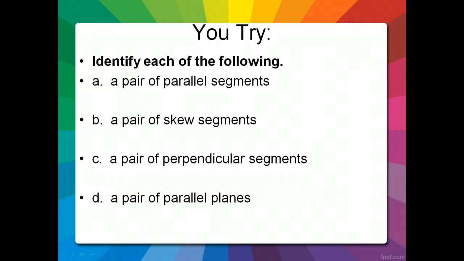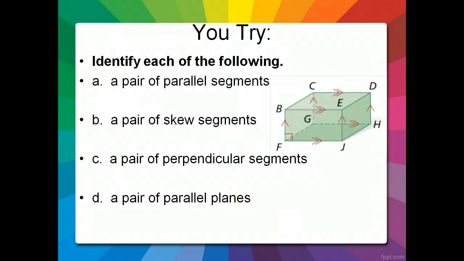Now you try. Use the drawing and identify a pair of each of the following. You might have said that a pair of parallel segments were BF and EJ, although there are certainly more.